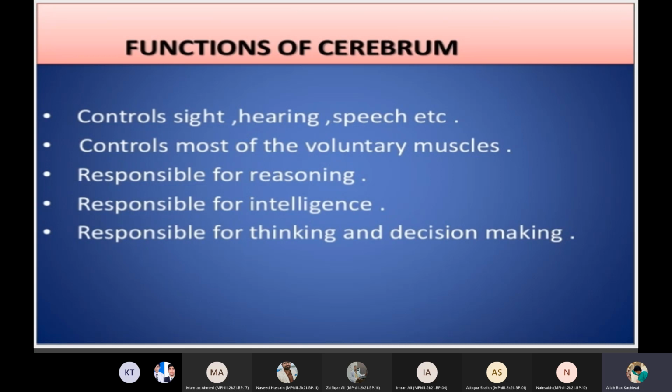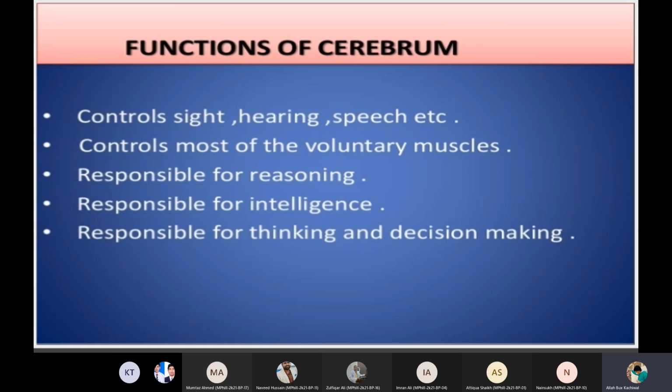The cerebrum has the most important actions: to see, to hear, and to speak. These three senses are important because whenever you are communicating with someone, you have to see, you have to listen, and you have to speak up to have good communication.